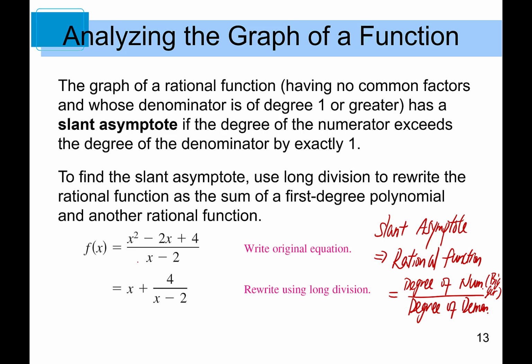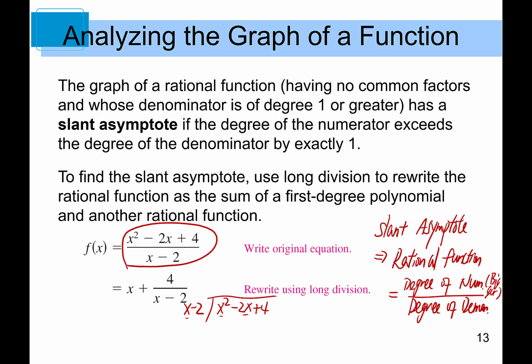So let's take a look at this example. f of x equals x squared minus 2x plus 4 over x minus 2. So when you apply long division, x squared minus 2x plus 4 divided by x minus 2. You take the leading term in your dividend divided by the leading term in your divisor.